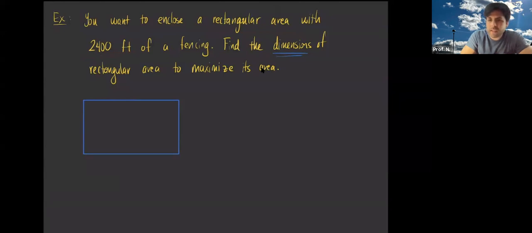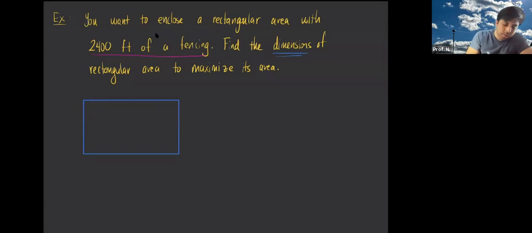Now, what does that indicate? If you have 2,400 feet of fencing, what is this? What is an alternative way of saying this? You don't know the area, but you do know what? Starts with the P. You know the perimeter.